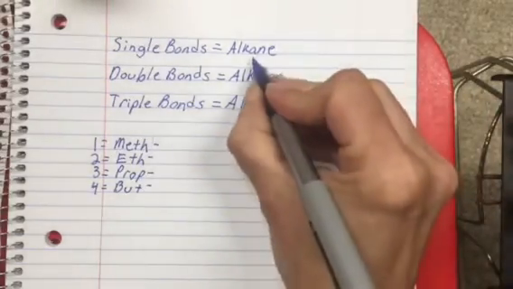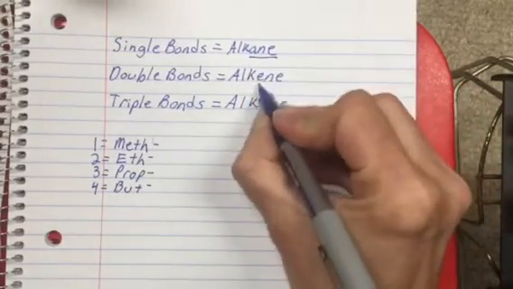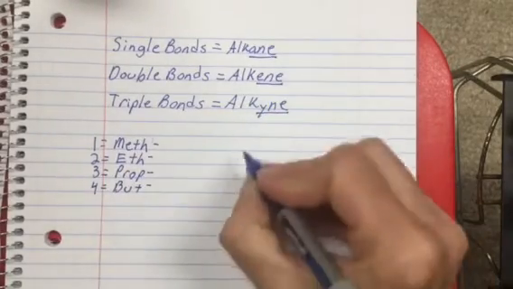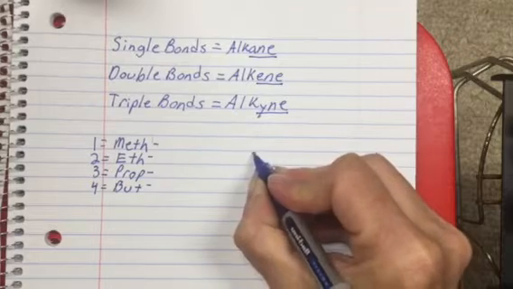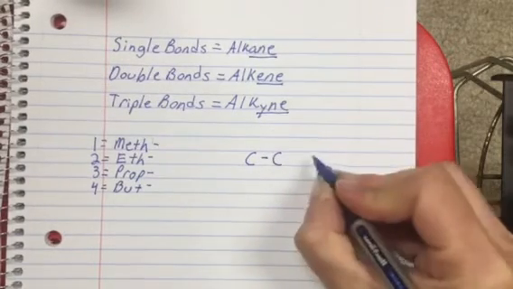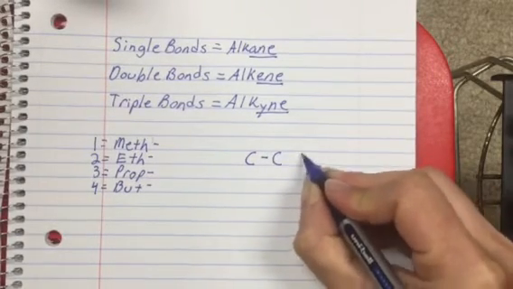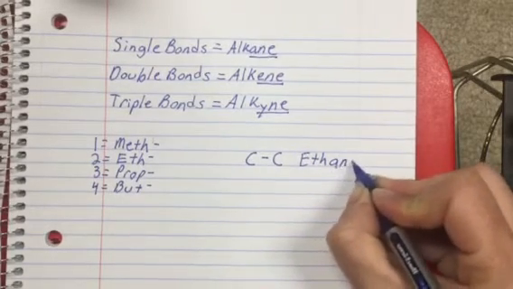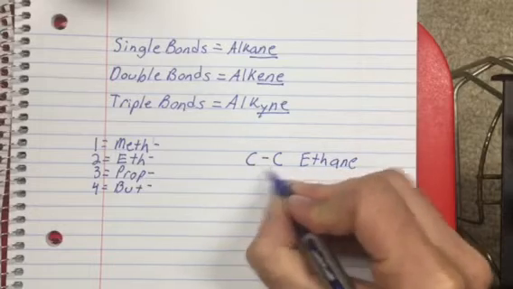Okay, so we take, I got ahead of myself. We take these endings right here. Those are our suffixes. These are our prefixes. So a compound that looks like this is ethane, because it's got a single bond and 2 carbons.